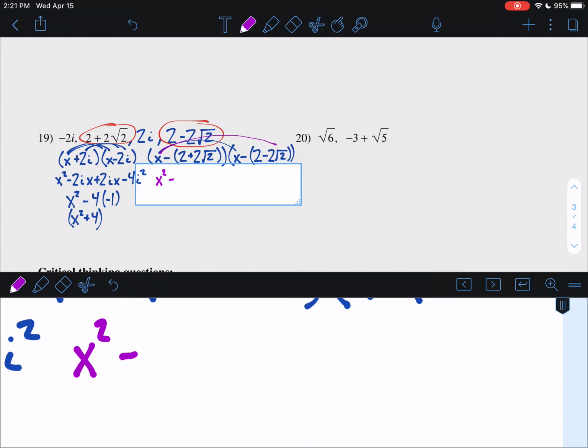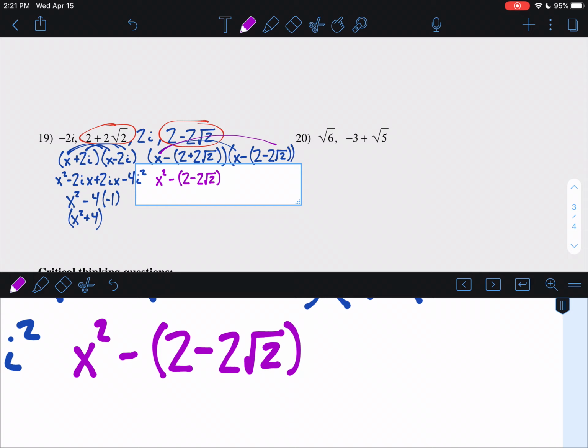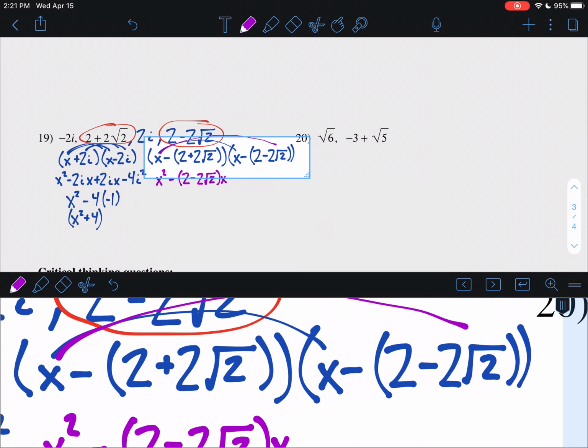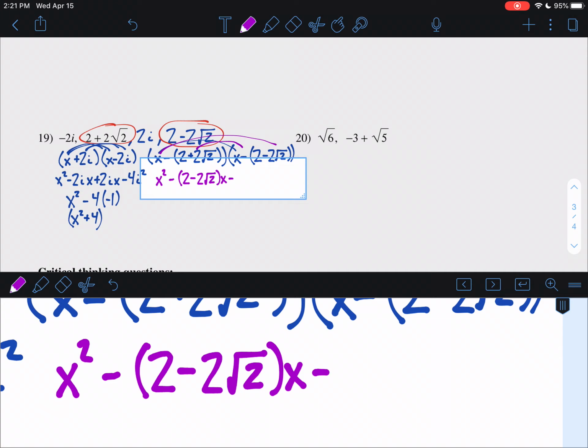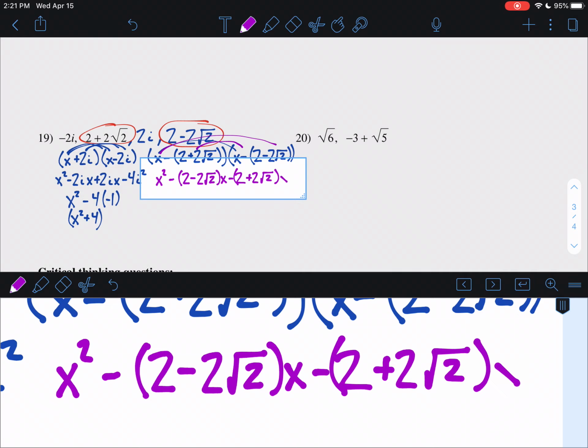So minus 2 minus 2 square roots of 2 x. And then I have negative 2 plus 2 square roots of 2 times x. So minus 2 plus 2 square roots of 2 x.